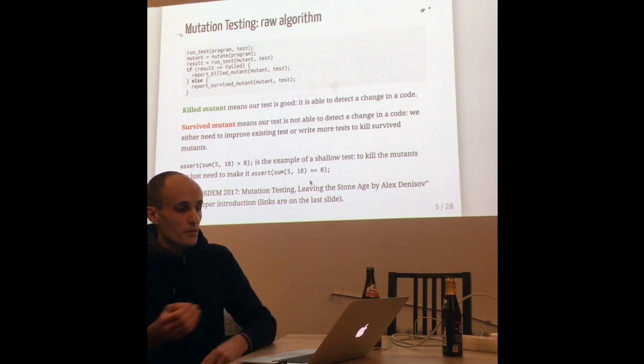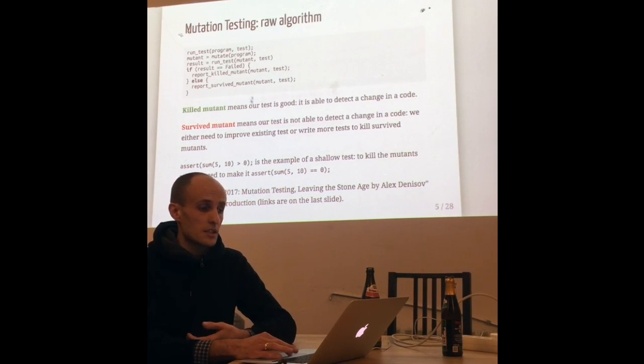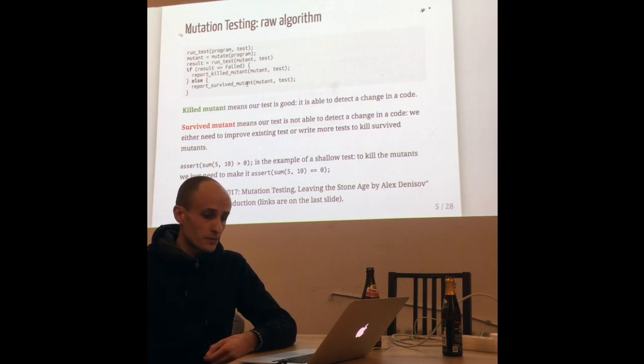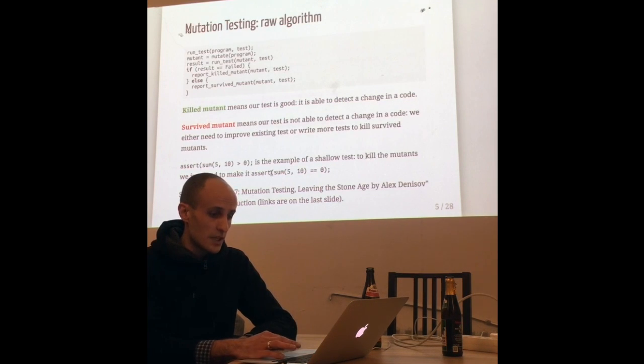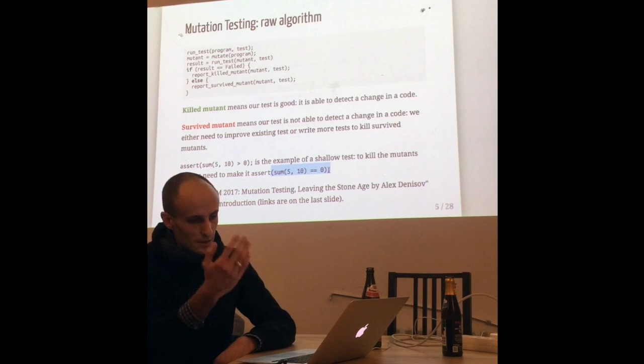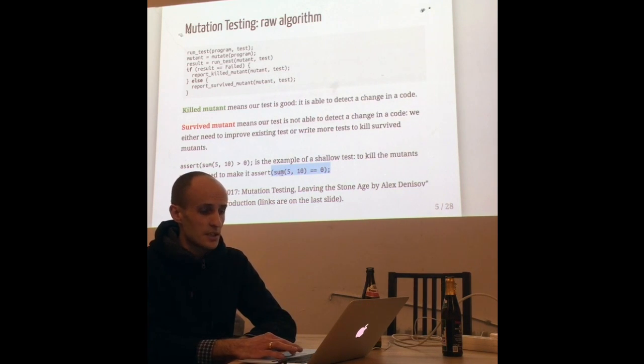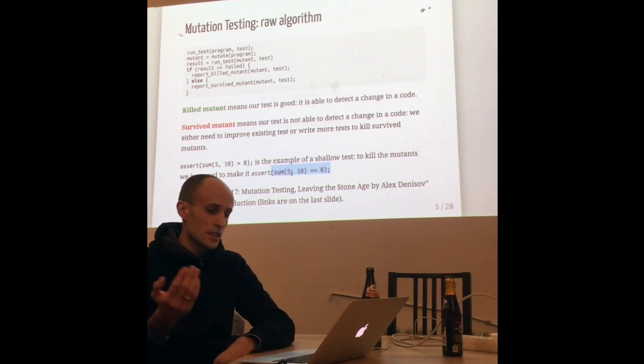If tests still pass, it means that our tests are not able to detect mutations. And here I'm giving an example of a shallow test. On the previous slide, of course, this test could be written better. It could explicitly assert that the sum of 5 and 10 is 15. That's a mistake in my slide, but yeah.